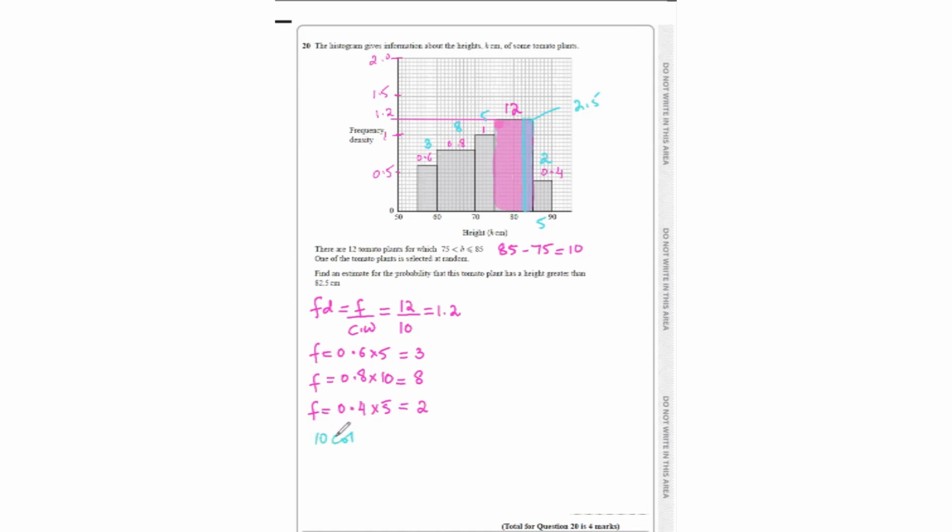So 10 columns represent 12 frequency, basically 12 tomato plants. So one column would be 12 over 10. And we need the frequency for 2.5 columns. So for 2.5 columns, we would do 12 over 10 times 2.5, which is going to give us 3. So 3 tomato plants are in this blue shaded part in the 80 bar. So for this, we know there are two plants.